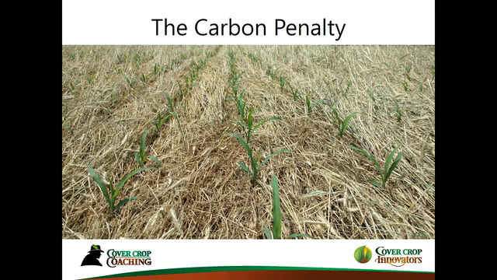So when this occurs, we need to understand the carbon penalty. That's the term applied in a situation like this, and it's that the microbes have taken extra nitrogen away from, or tied it up away from, our crop.